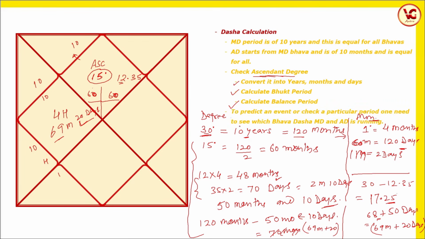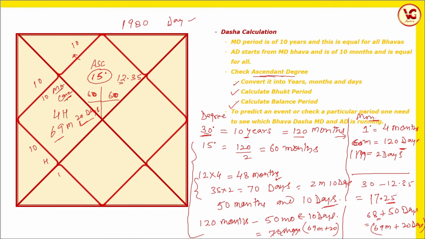Okay, so last point is to predict an event or check a particular period, one needs to see which bhava mahadasha it is running. So let's say this native was born in 1980. I'm taking one example. So we have already considered 69 months 20 days, and let's say this is daytime, day birth, and the moon is sitting here, and this is the Cancer sign.